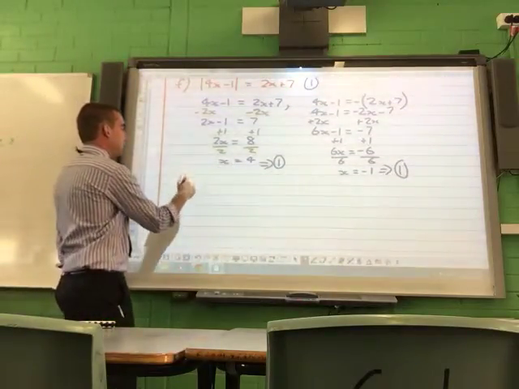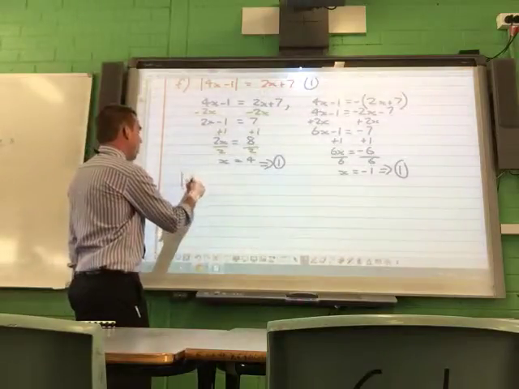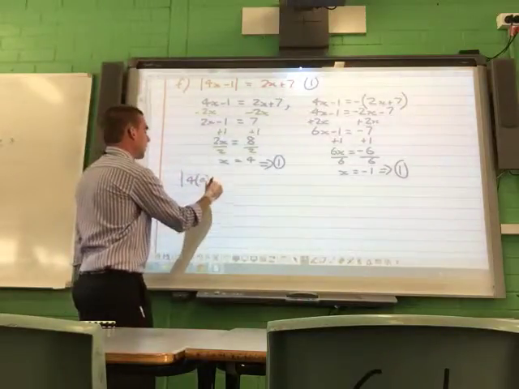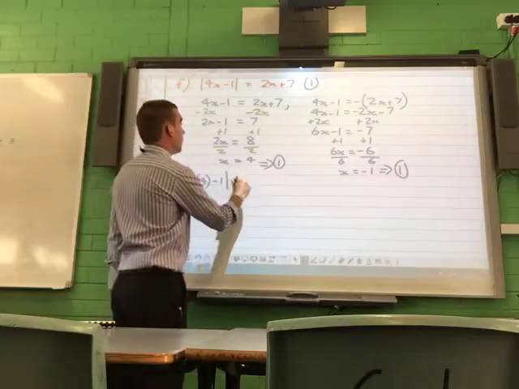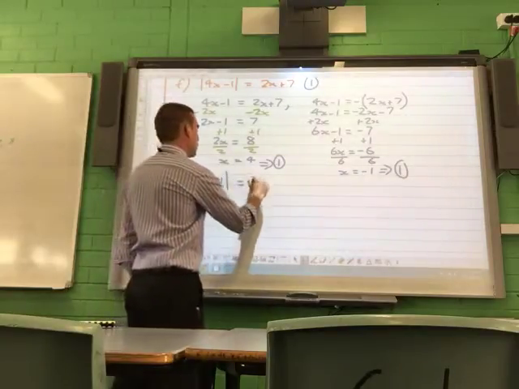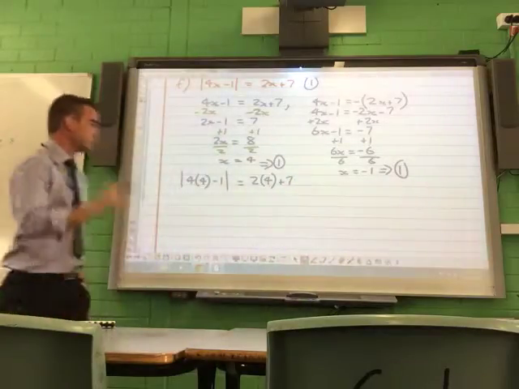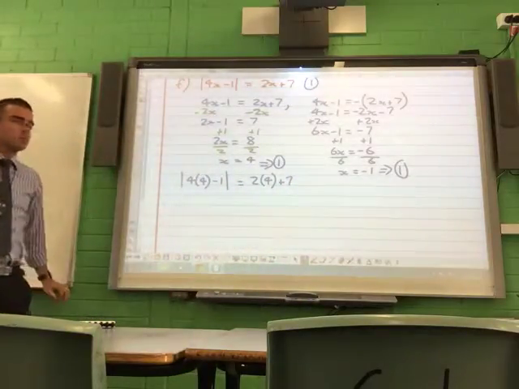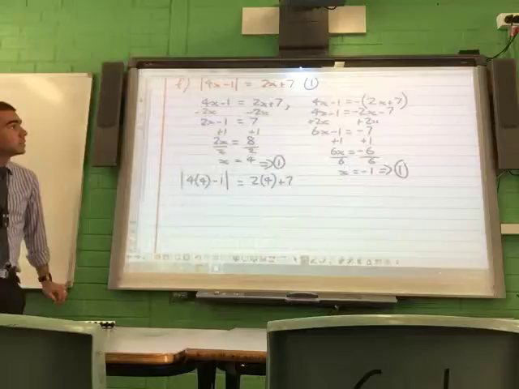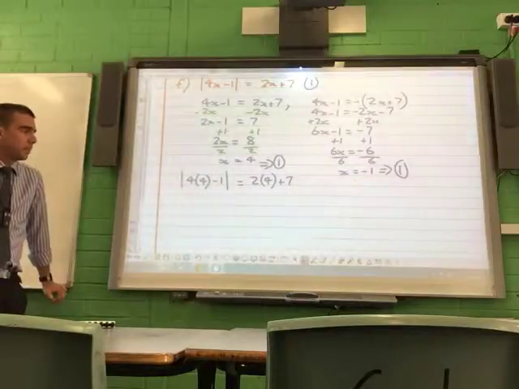Alright, so the absolute value of 4 lots of 4, take away 1, is equal to 2 lots of 4 plus 7. Okay, so replace x's with 4, and then I'm going to evaluate.